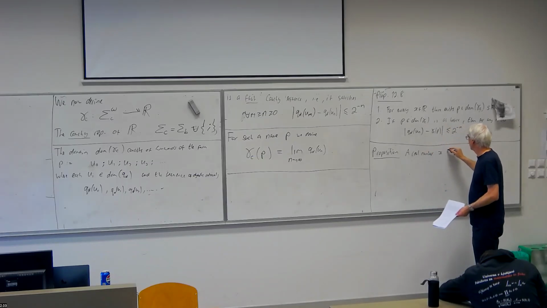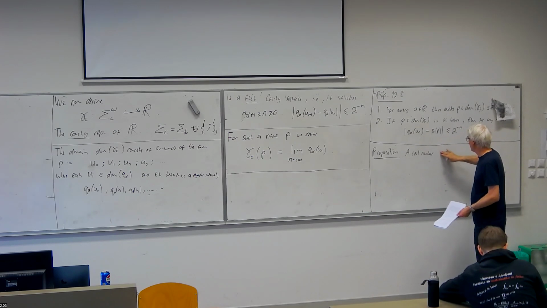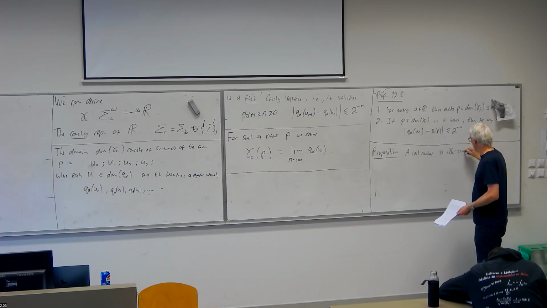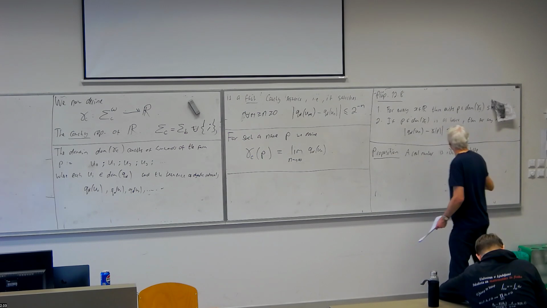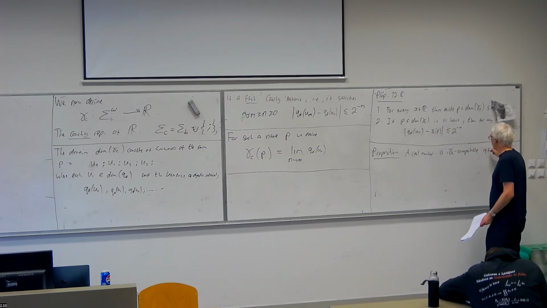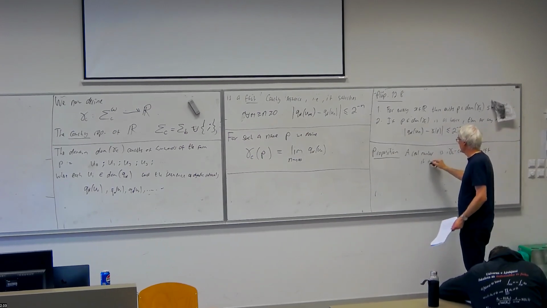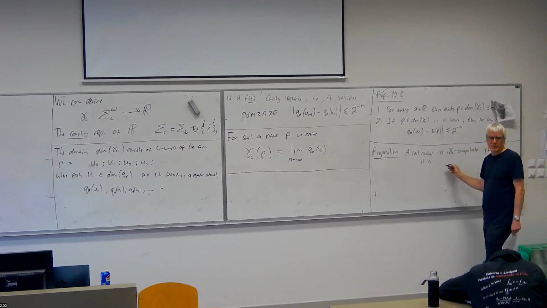A real number is computable according to this Cauchy representation if and only if it is computable with respect to the decimal notation or the ordinary binary notation.